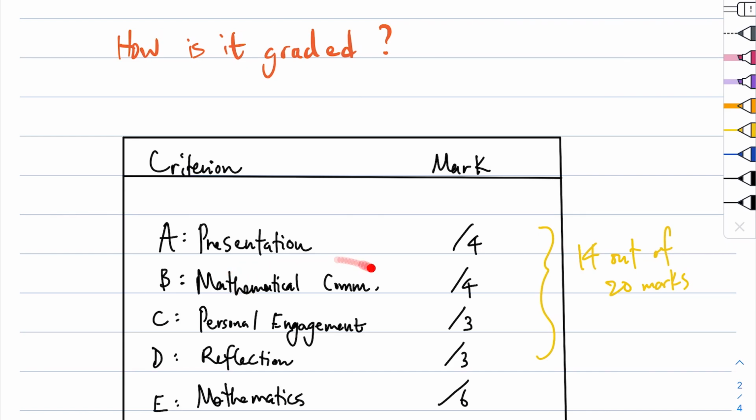You might argue that mathematical communication is mathematics, but it's more the communication, and so it's not really the content. Personal engagement, presentation, reflection, these are all things that are not mathematics related directly. Okay, so only 6 out of your 20 marks actually come from doing mathematics, demonstrating understanding of mathematics. And so it's a very small portion in relation to the rest of these criteria.